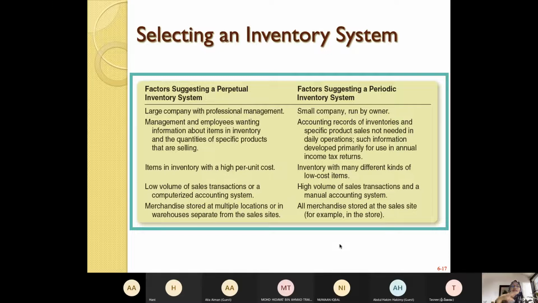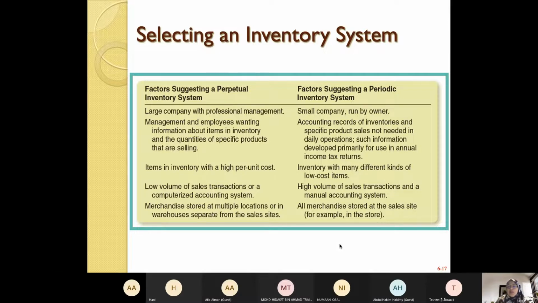They have many branches, for example, many warehouses that store their inventory, and they make sales from different places. So having a perpetual inventory system, the company will be able to see the movement or standing of their sales and purchases at any point of time. Why? Because they have a computerized system which is integrated from one place to another, right? So this is a perpetual inventory system.